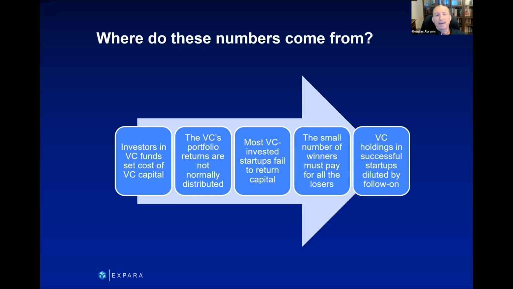And that happens because most VC invested startups fail to return capital. And this has a consequence for those successful companies, which is the small number of winners must pay for all the losers. My dilution factor comes from the reality that successful startups have to raise many rounds of funding.